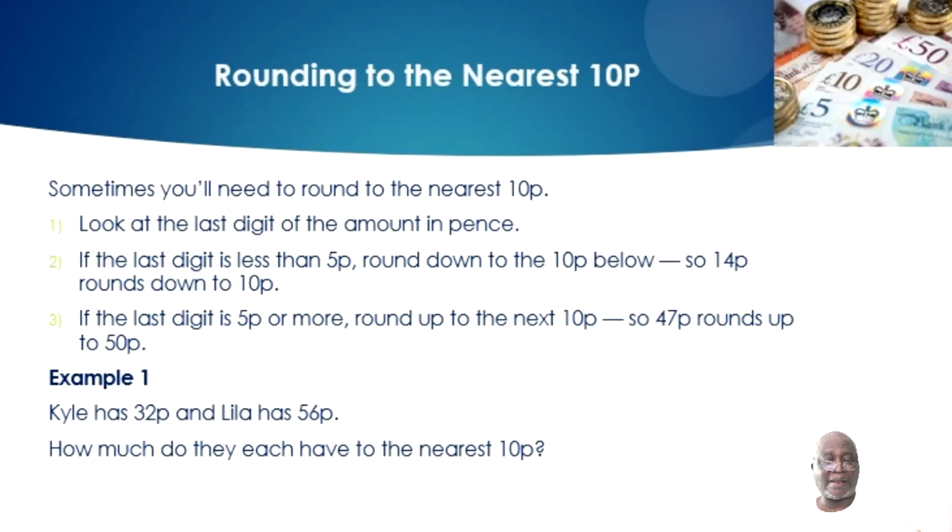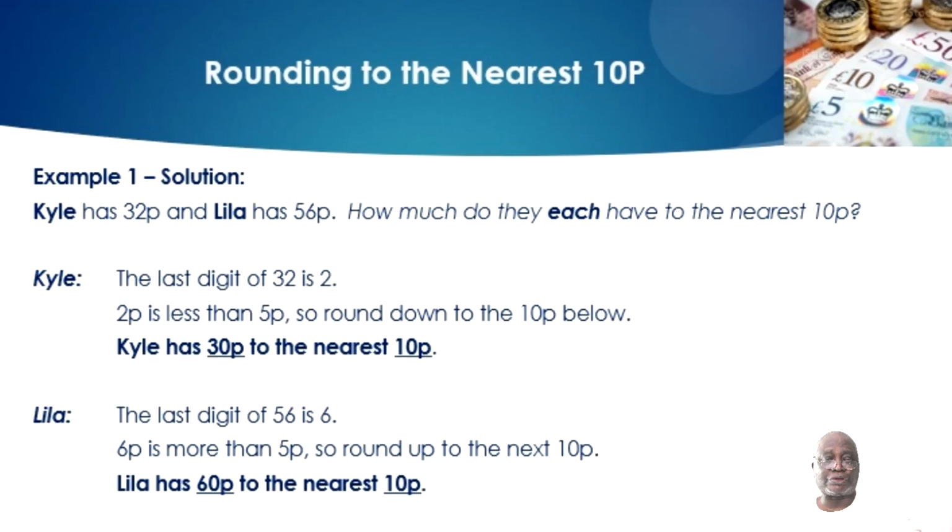Example 1. Kyle has 32p and Leela has 56p. How much do they each have to the nearest 10p? Your solution. The last digit of 32 is 2. 2p is less than 5p, so you round down to 10p below.